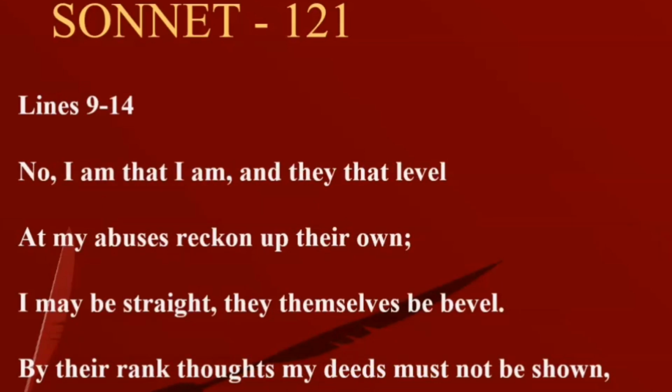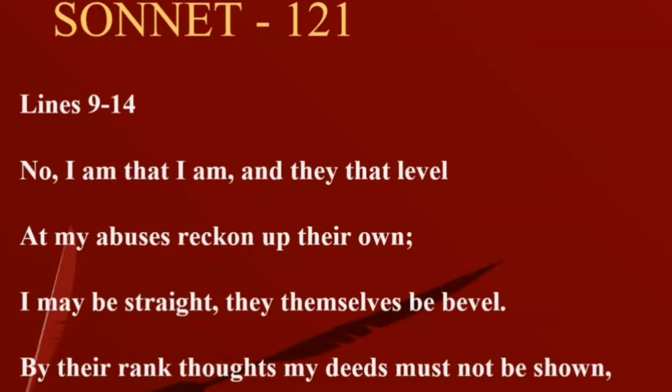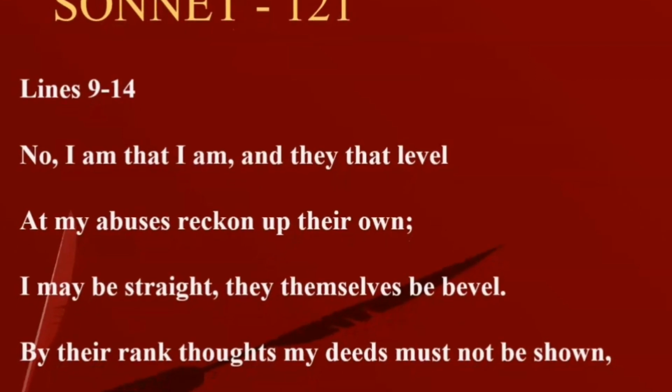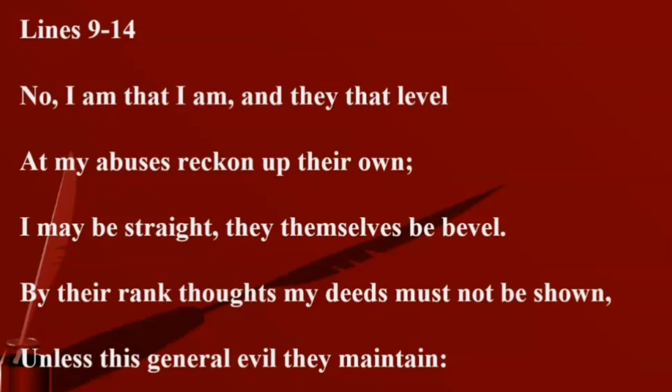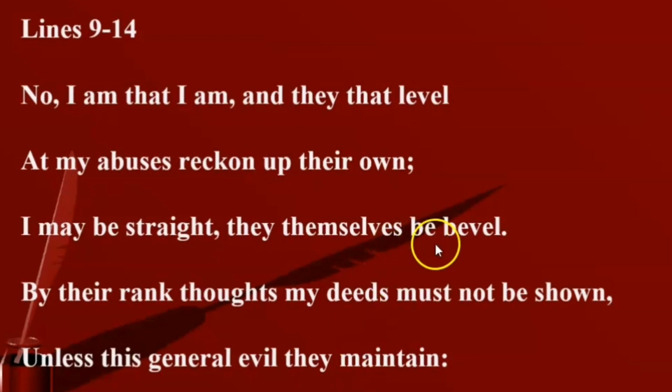And now over to the last stanza with the rhyming couplet. "No, I am that I am, and they that level at my abusers reckon up their own. I may be straight, though they themselves be bevel.